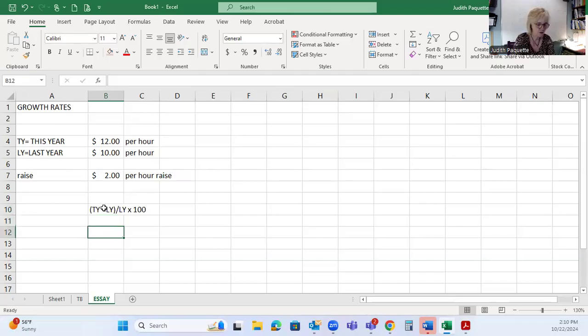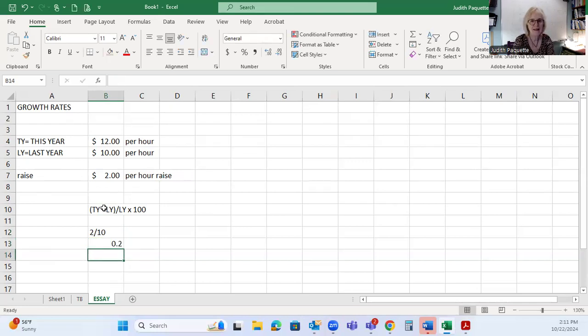Okay. So let's show what that would look like. That would look like 2, which is this year minus last year, $2, divided by last year. Okay. So if you put that into your calculator, you're going to get 0.2000.